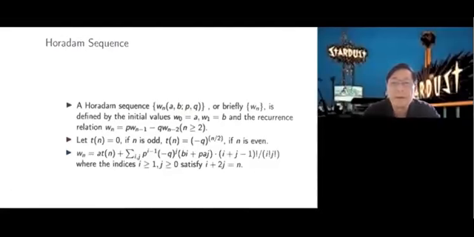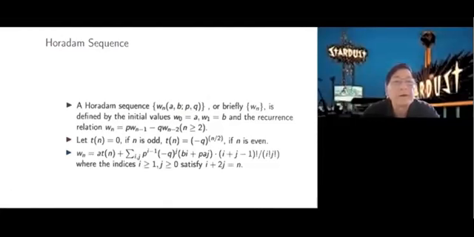We use our formulas, and then we can prove some formulas for Horadam sequences, as shown in this slide.